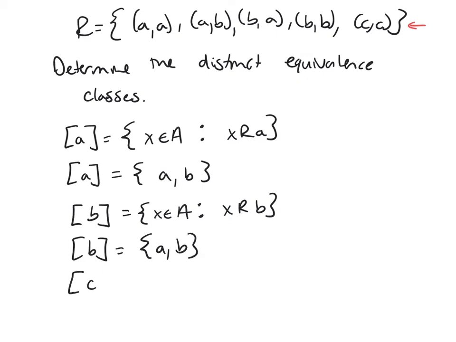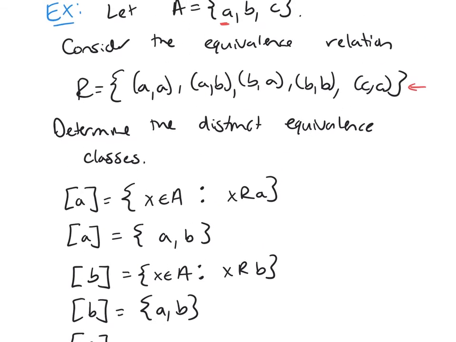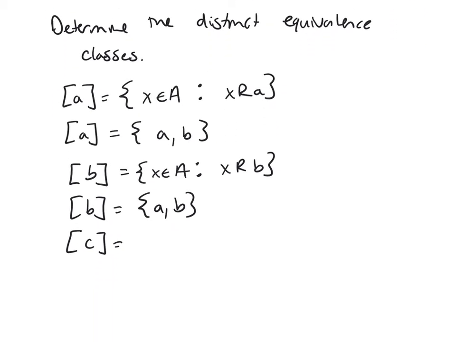And then finally, my last element in A is C. The only element related to C is C. So this is, again, all the elements from A where X is related to C, but there's only one element. It's the set C.